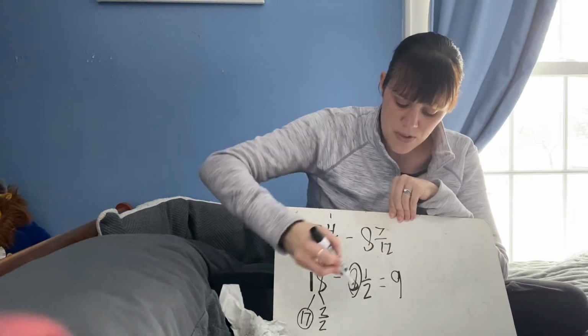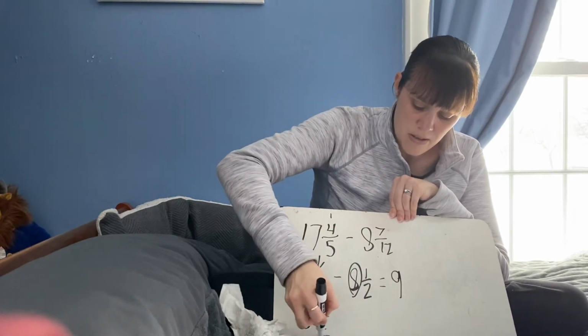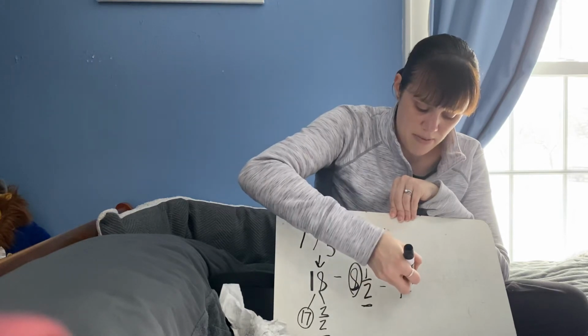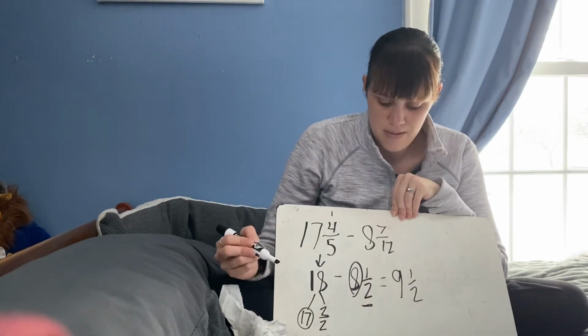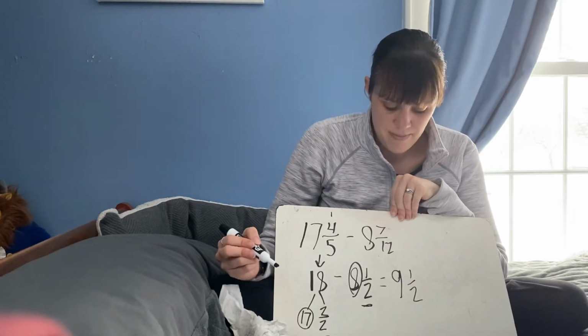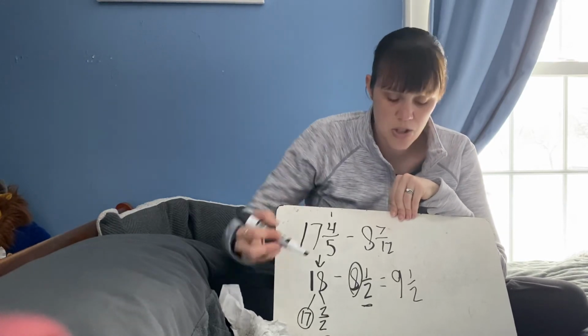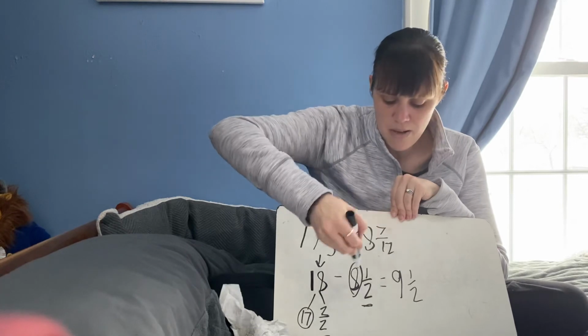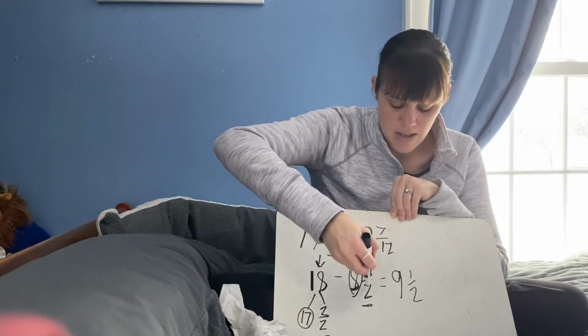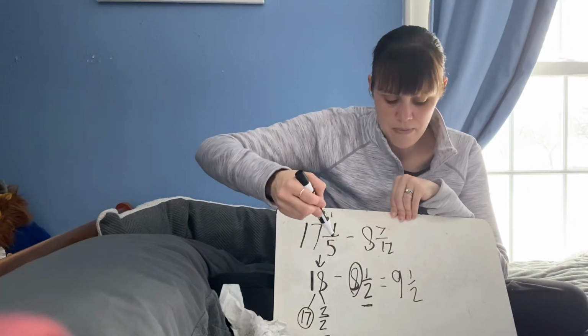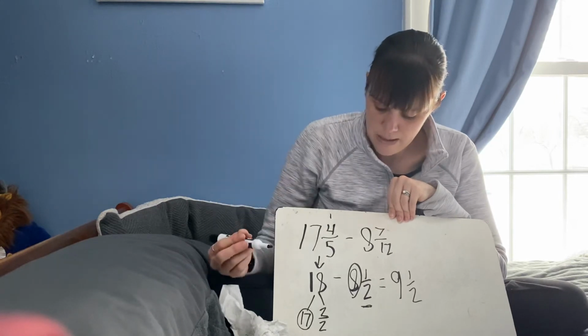And 2/2 minus 1/2 is 1/2. That's fancy pants. I hope that's the right answer. I could always check it. Add my wholes. 9 plus 8 is 17, and half is 1 whole, so that's 18.